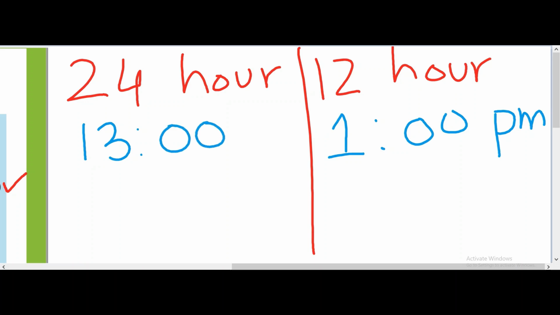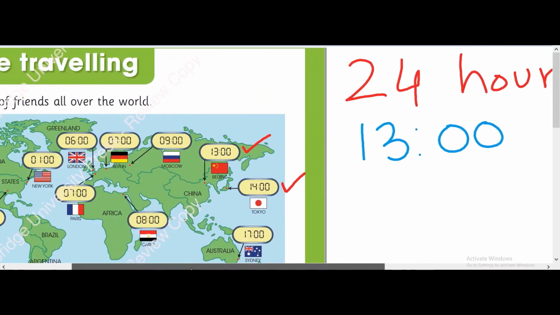And we will not use AM or PM with 24-hour clock, because we know that when the time is greater than 12 o'clock, it is obviously PM. So this point may be clear to you.